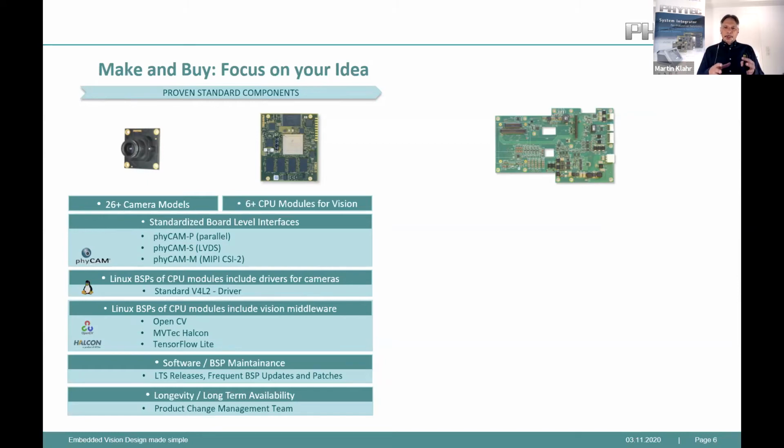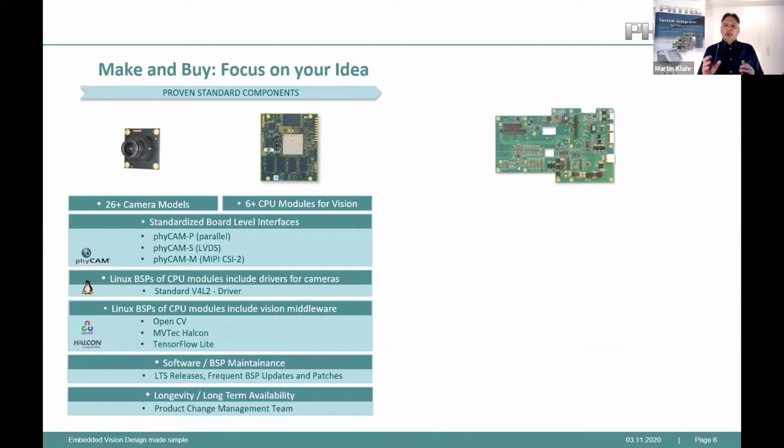The Linux BSP that comes with the computer boards already includes the software drivers of the camera modules. So it's basically plug and play. And not to forget, we also have the middleware included in the board support packages. That's, for example, vision libraries like OpenCV or Halcon or TensorFlow, GStreamer, and so on. So the software designer can focus on the application.